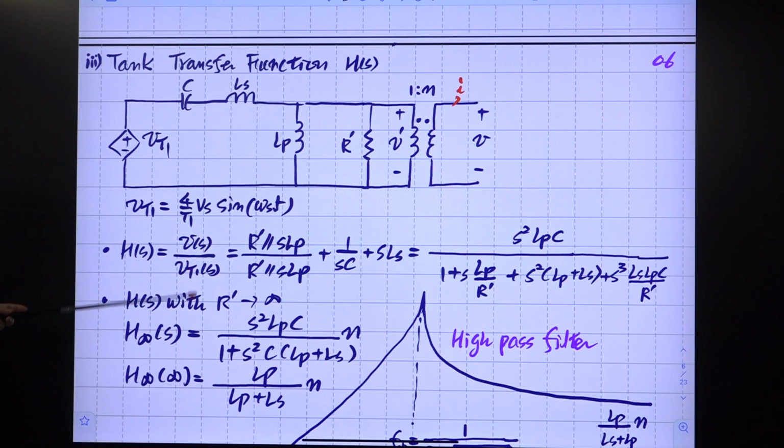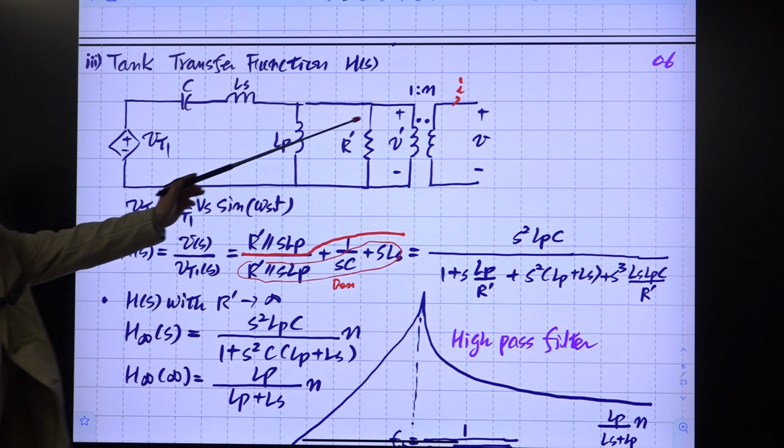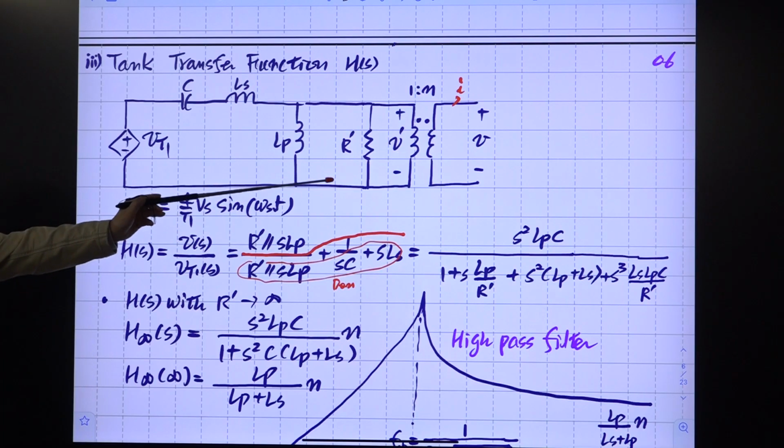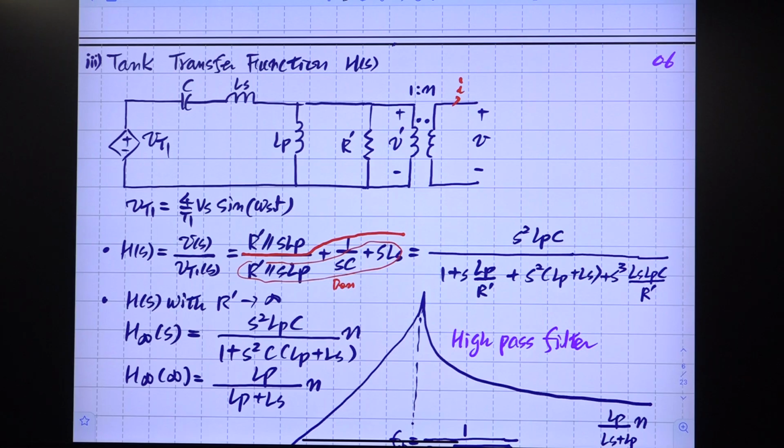So I made another mistake here. This line below, the whole thing is a denominator. It comes in the denominator, and the numerator is only this one. And we need this N. There's a transformer. I forgot this. So N should come here in between.